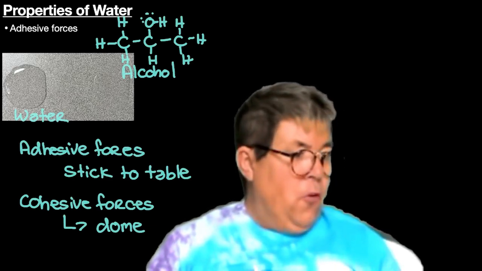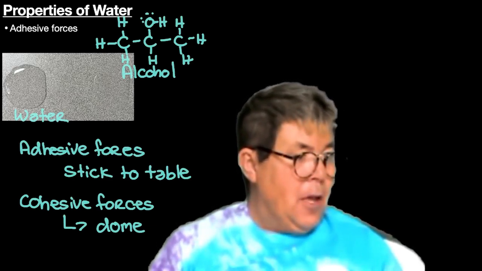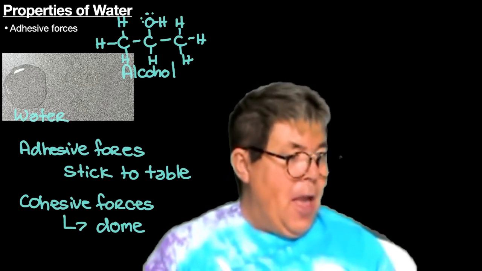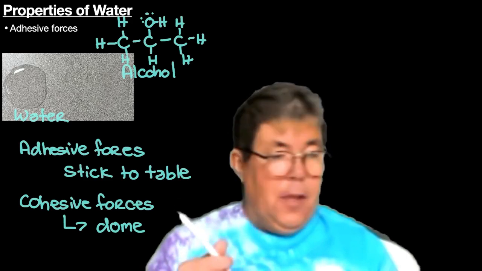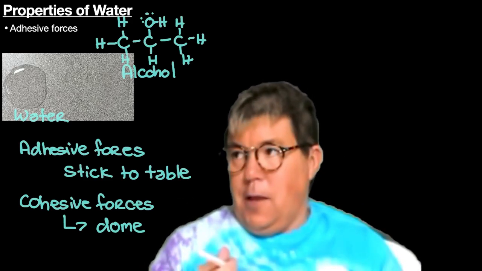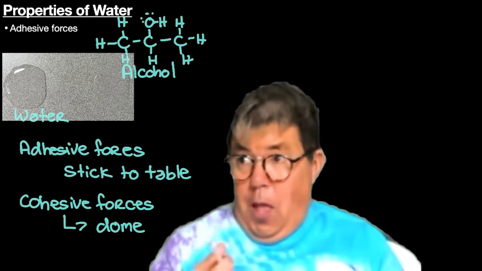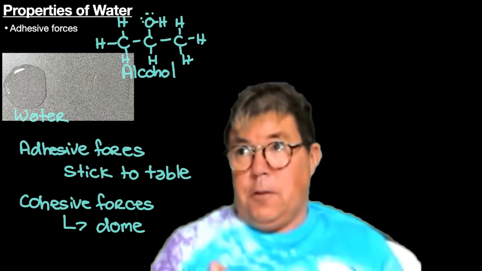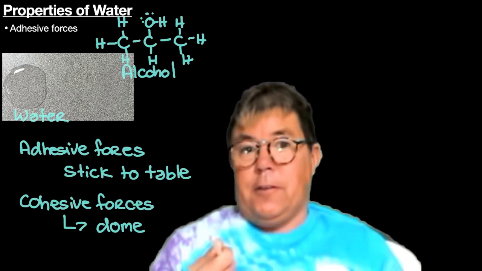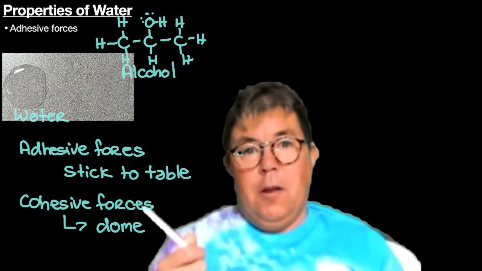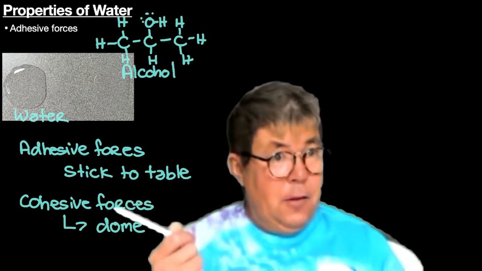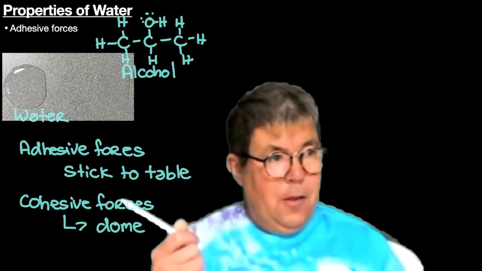So in the first part of the experiment, you are going to be looking at a needle floating or suspended in water, and you're going to relate the needle floating or sinking to adhesive and cohesive forces and surface tension.